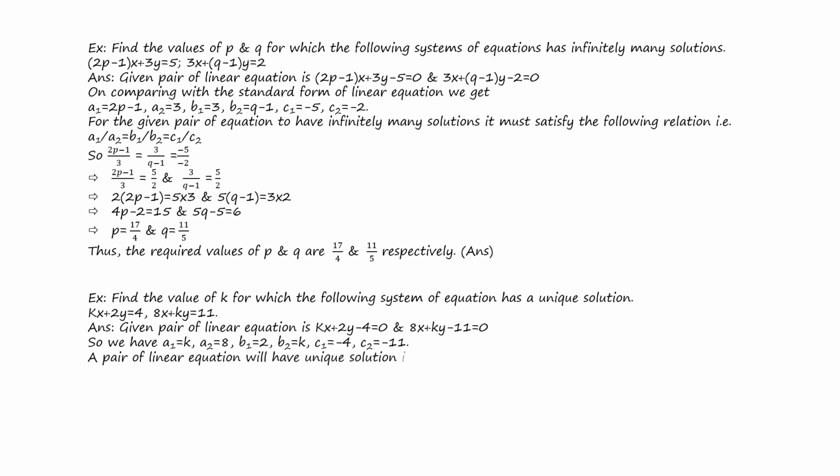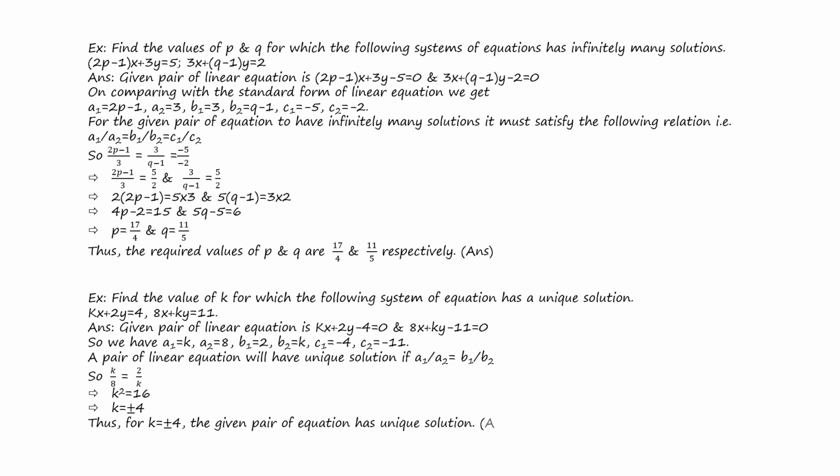Now, a pair of linear equations will have a unique solution if a1 by a2 is not equal to b1 by b2. So putting the values, we get k by 8 equals 2 by k, or k square equals 16, or k equals plus or minus 4. Thus, for k equals plus 4 or minus 4, the given pair of linear equations has a unique solution.